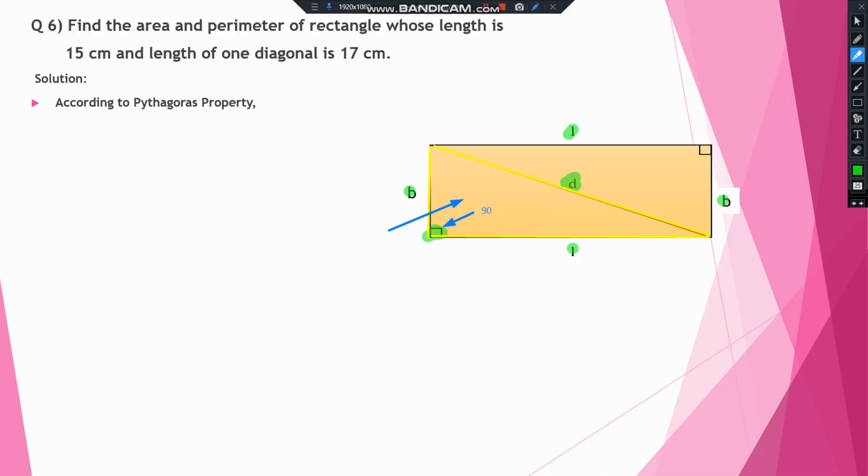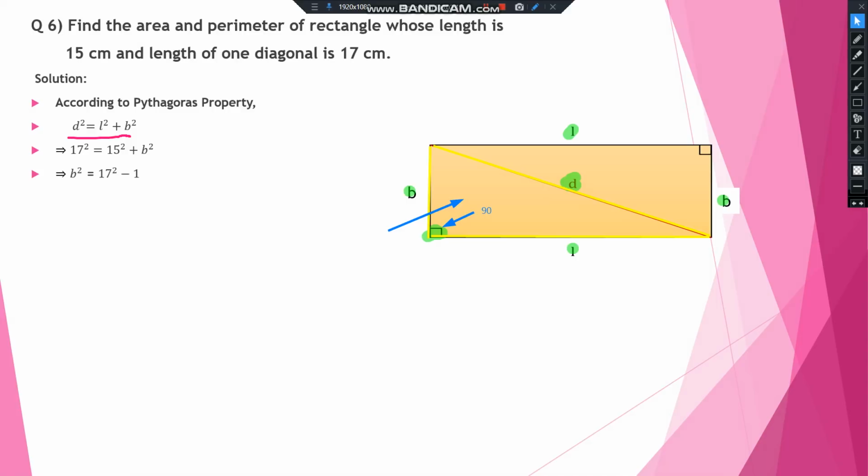So if we apply Pythagoras theorem, we can write hypotenuse square, that is d square, equal to the sum of squares of the other two sides, which are L and B. So d square equals L square plus B square. Now let's put the values here. Diagonal is given 17 centimeter, so replace d by 17. 17 square equals length 15 square plus B square.